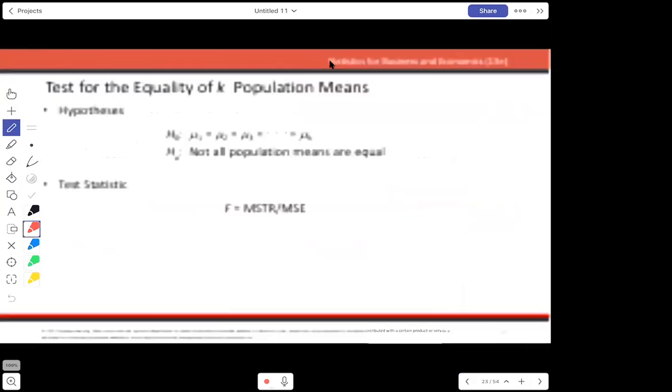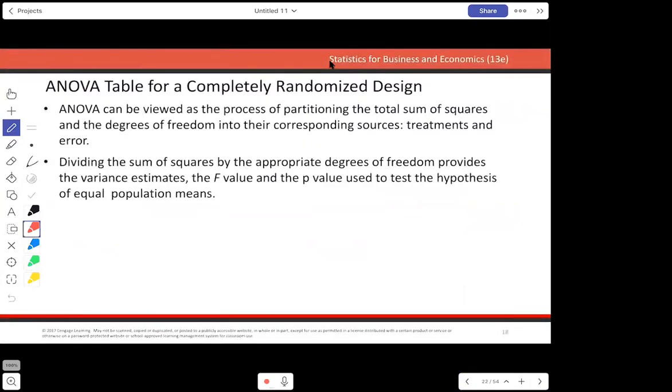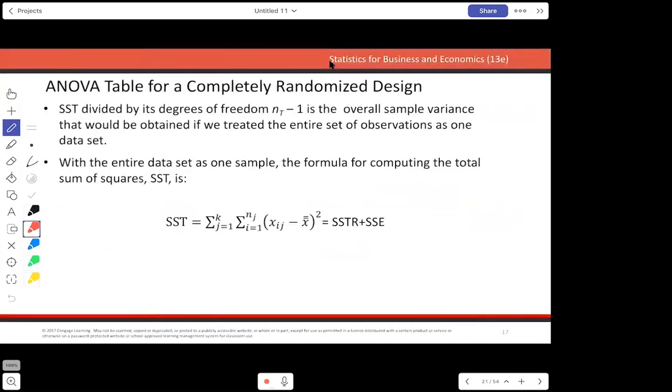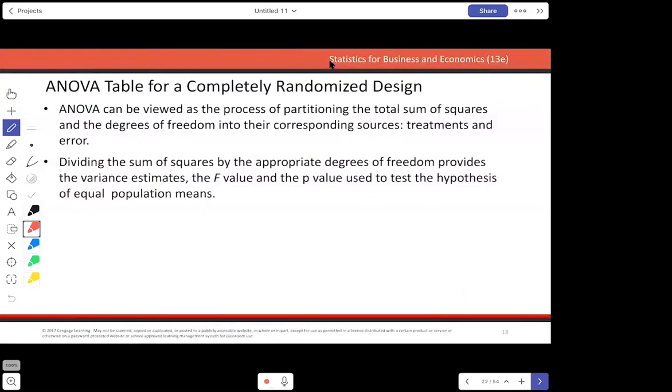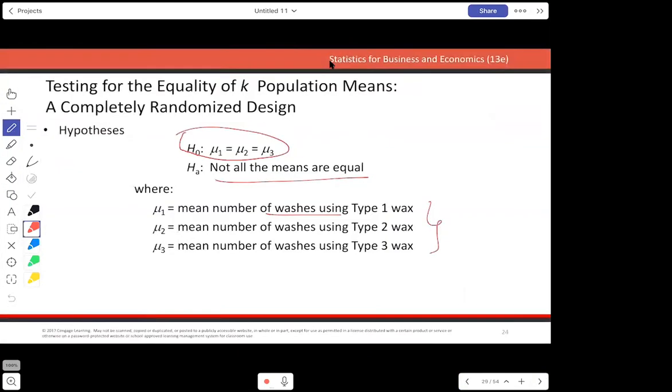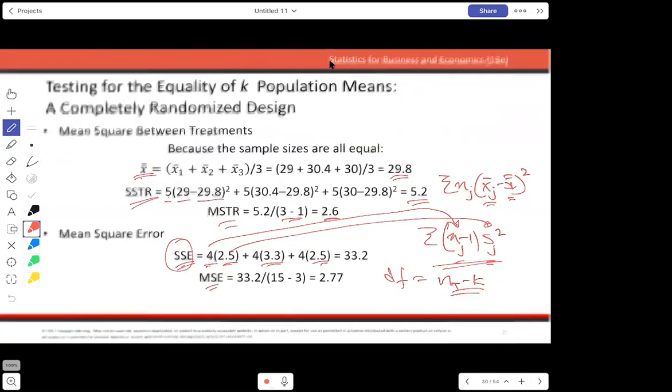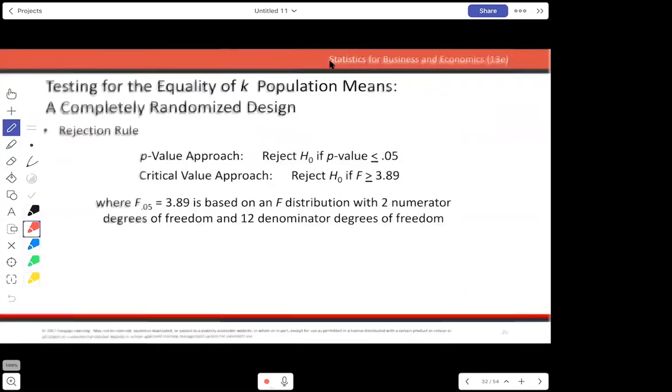I probably didn't dwell on it, but the information is right here somewhere. See the degrees of freedom, nt minus k. All right. So once we have all of these values that we just calculated here, SSE, SSTR, MSTR, MSE, we could actually go ahead and develop the ANOVA table, right?